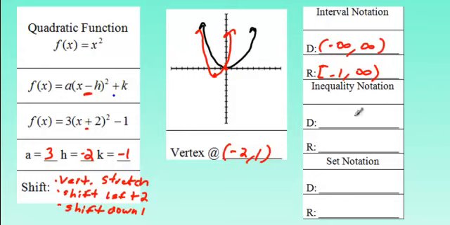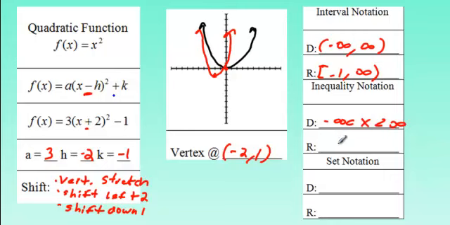So the inequality notation here is going to be, negative infinity is less than, but not equal to, x, and x is less than positive infinity.